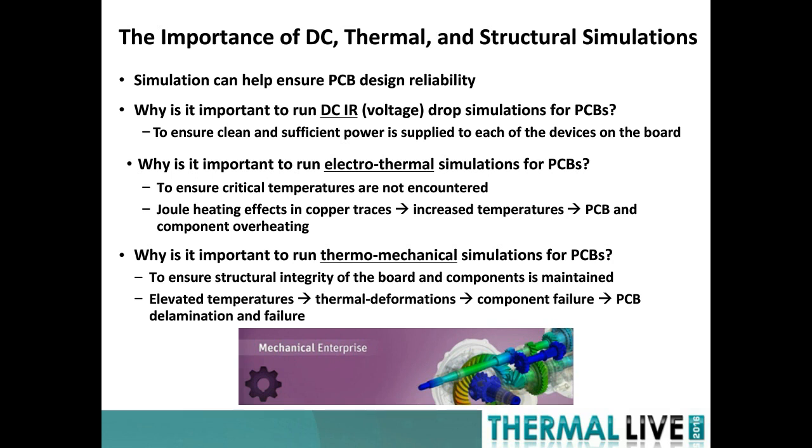By thermomechanical, I mean bringing the temperature from the initial thermal simulation into a structural simulation to calculate deformation. This emphasizes the importance of DC, thermal, and structural simulations for printed circuit board design reliability.